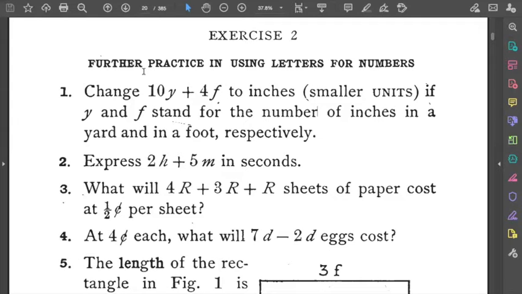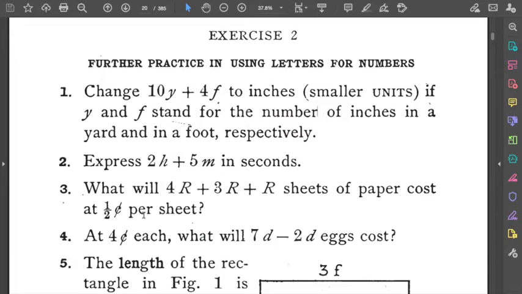Now 3. What will 4R plus 3R plus R sheets of paper cost at half a cent per sheet? So now what is it going to cost?